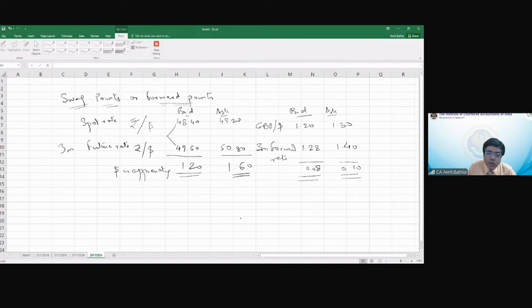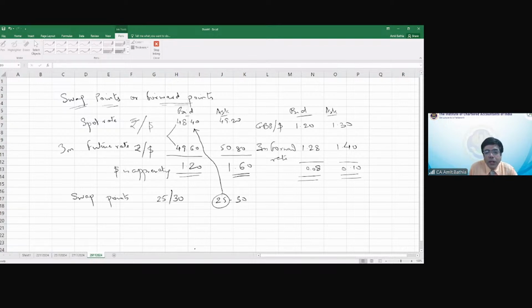Now, sometimes swap points or forward points are given to you not directly as points. For example, you are given 25 by 30. Sometimes they give you 25, 30. Then you know for a fact this 25 is to be added into the spot rate, so you directly add it into the spot rate to get the forward rate.